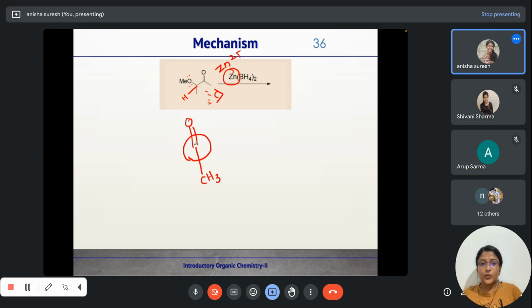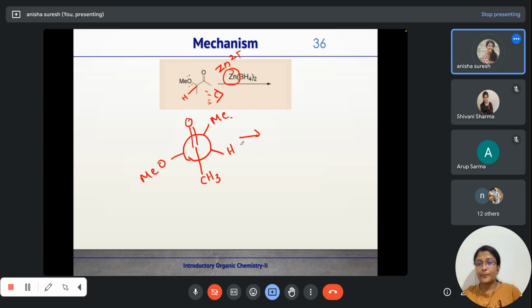So we can draw OMe as the bulky group, hydrogen, and then methyl. This will be the normal structure that will undergo the Felkin model, which can undergo nucleophilic addition. So the nucleophile can come and attack in this direction, and it will result in the product.